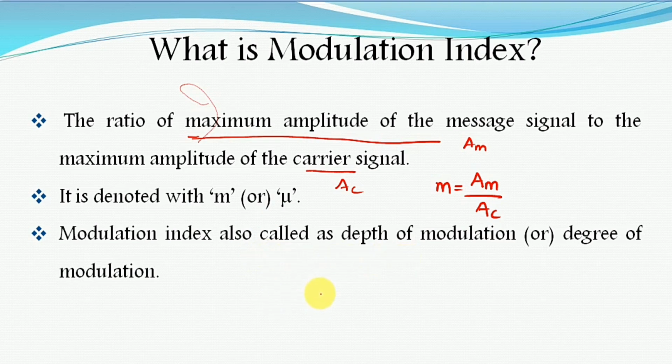Now why do we have to study the modulation index? What is the significance of modulation index? This modulation index is the only parameter which defines how much percentage of the baseband signal or message signal can be recovered at the receiver end. What does the communication system do? Whatever baseband signal is generated from the information source is transmitted through the channel.